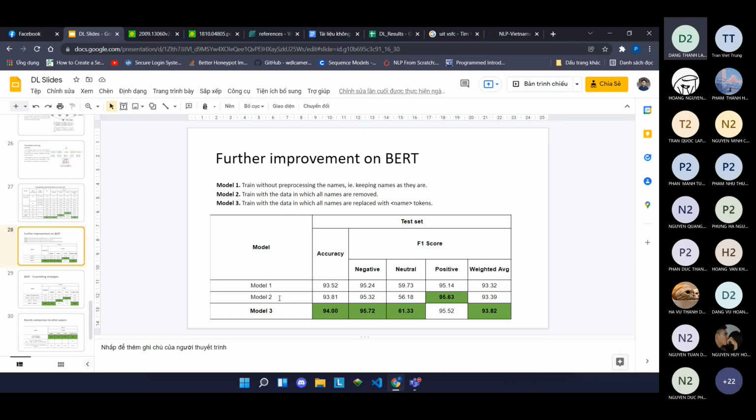Additionally, we can see that each model has its own advantage. Model 2 has the best F1 score on the positive class, while model 3 has the best overall result. So we combine them by ensemble, and hope that we can increase the overall F1 score.